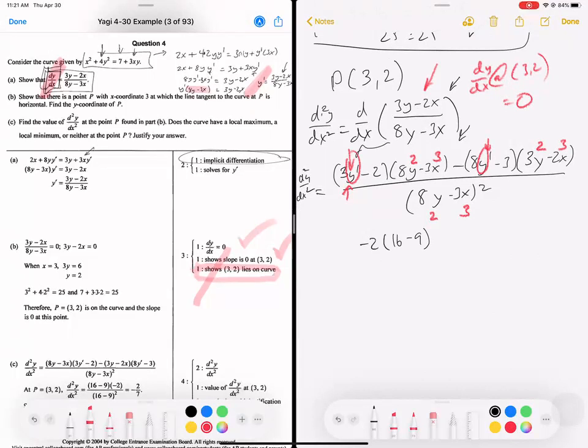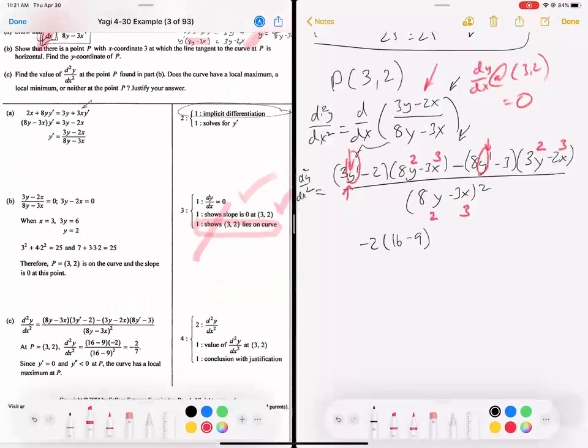And on the right side, let's see, yeah, we're okay. Negative 3. And we're left with 6 minus 6.